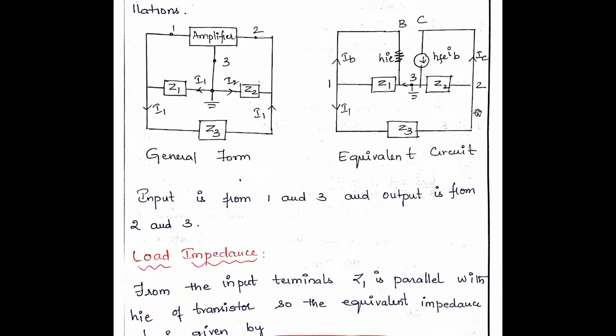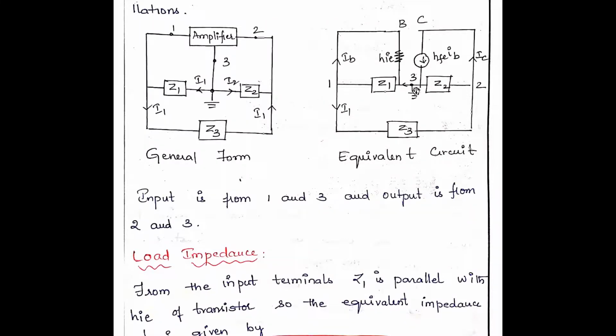So first, the output voltage. The output voltage is between 1 and 3. I said I want it in terms of I1, so it is better we choose this path. And in this path, what are the impedances we are encountering from 2 to 3?